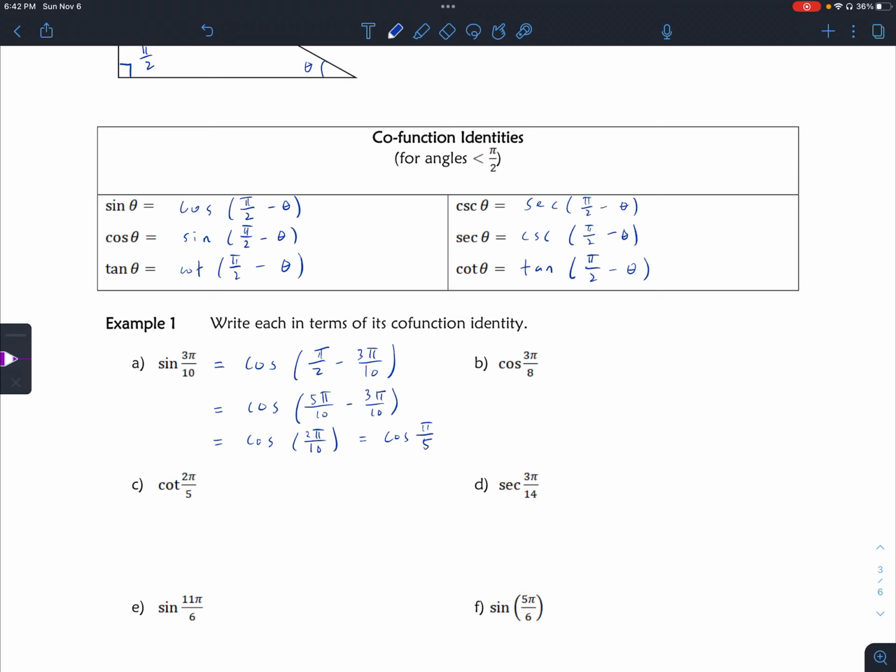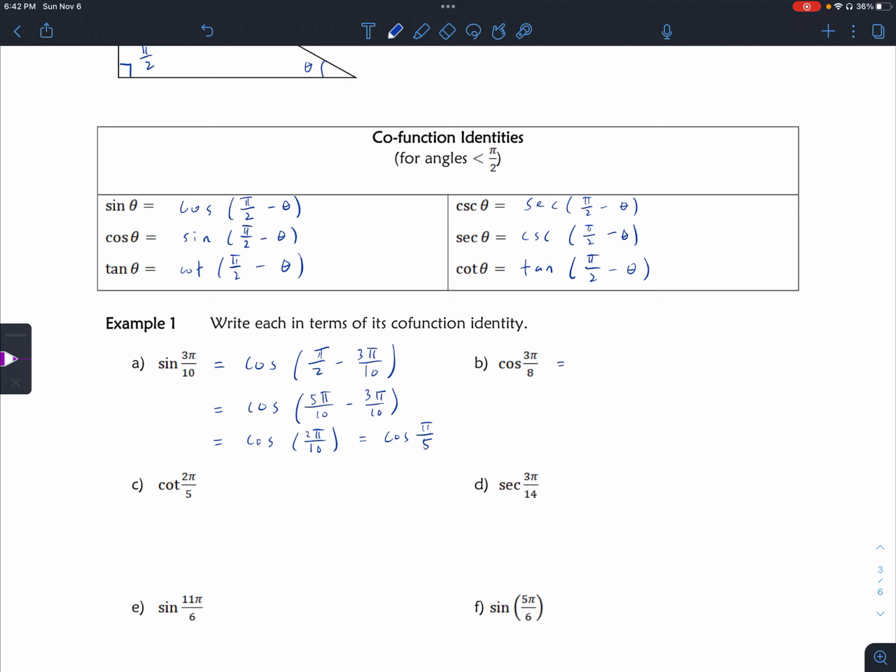Okay, so if you set your calculator to radians and you key in sine of 3 pi over 10 and press equals, and then you also do cosine of pi over 5, you're going to get the exact same value because they're equivalent to each other. Okay, so now for the next one.